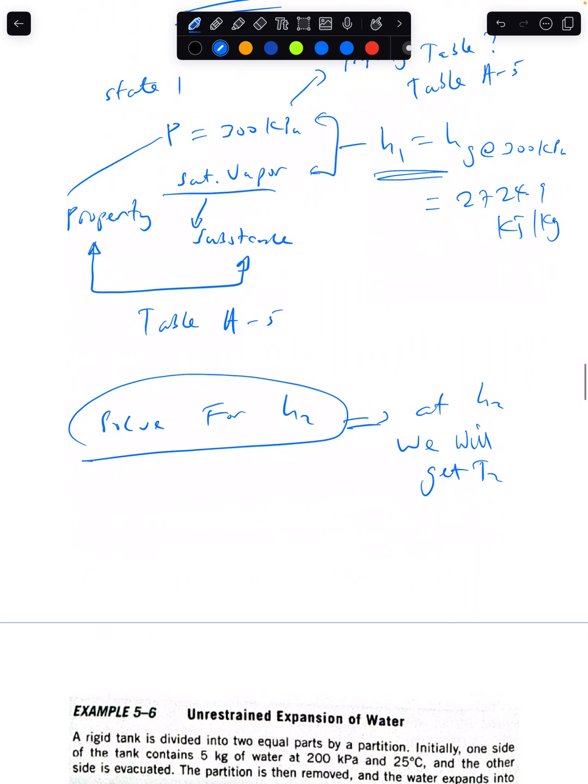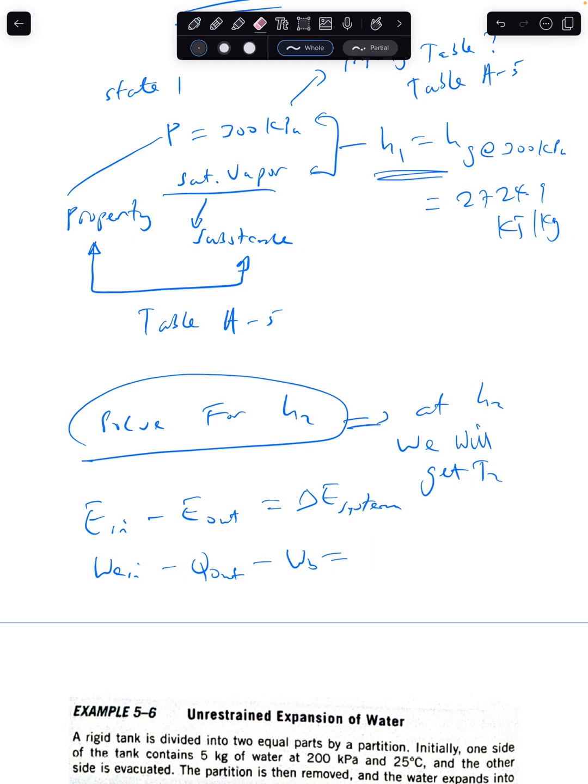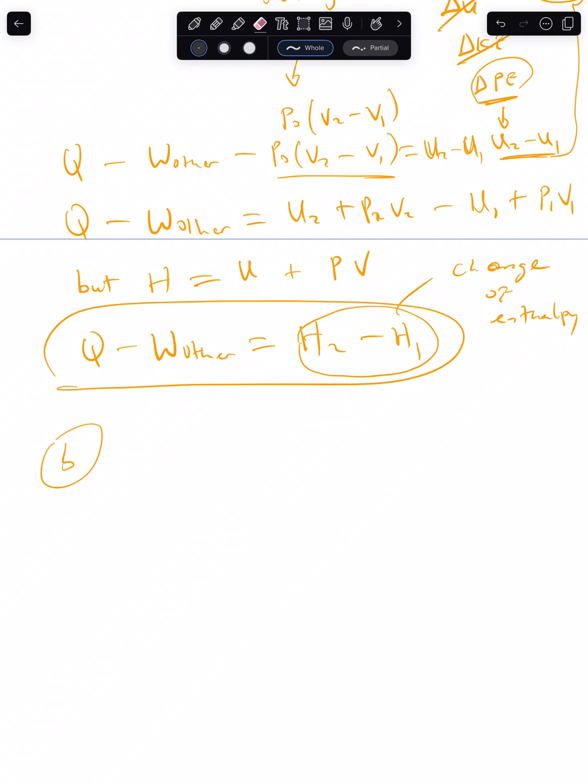I'm going to have the same formula: energy into the system minus energy out of the system is equal to change of energy for the system. In this case, I've solved for the work done. The work done into the system minus the heat that went out of the system minus the boundary work equal to what? Change of internal energy.